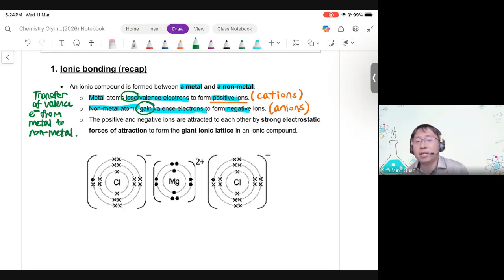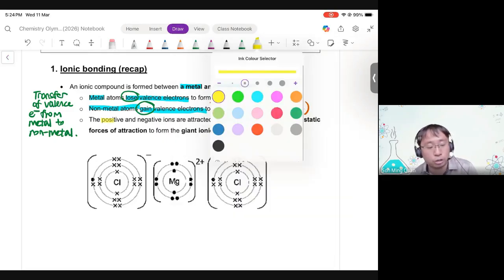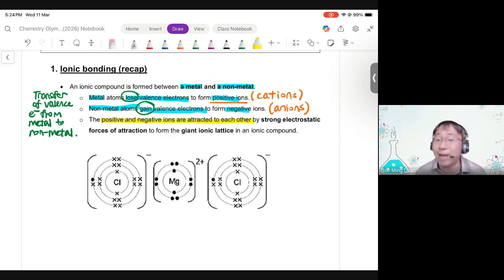All right. Now, finally, now that you know that it forms positive ions from the metal, negative ions from the non-metal, the positive and negative ions clearly are attracted to each other, as you might expect, because positive and negative charges should attract each other.